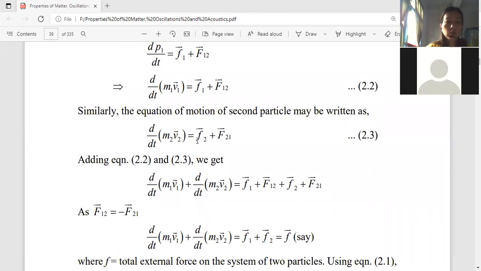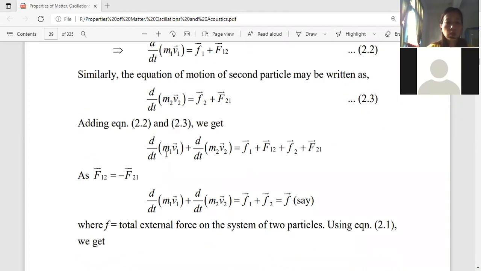The sum of the external and internal forces for the particle of mass m2 will be this, and so we get equations 2 and 3 respectively. We will add equations 2 and 3, left hand side and right hand side. So this is how it comes.